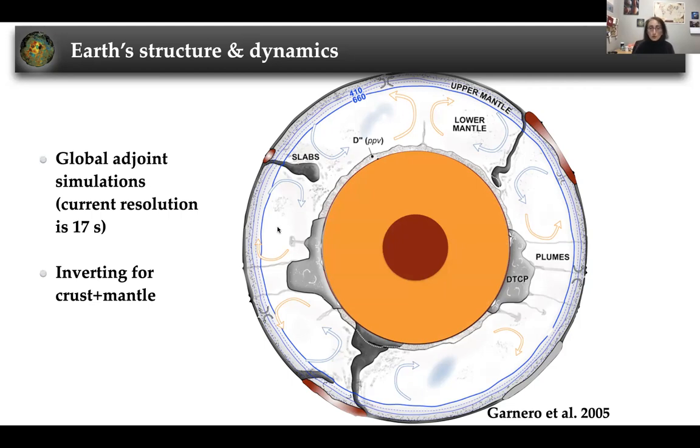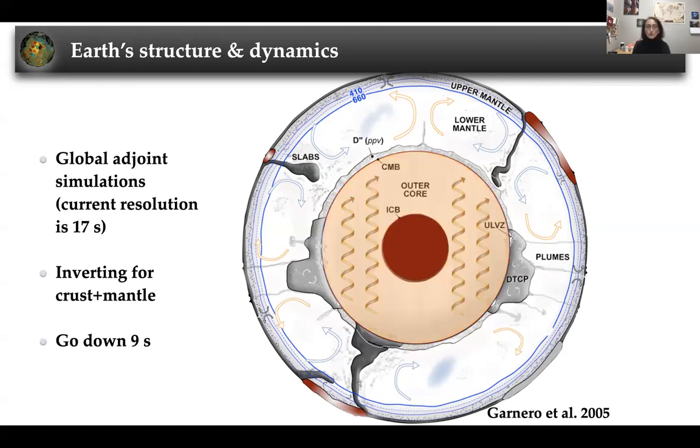So initially, because of the resolution of our global simulations, our goal has been to image from surface all the way down to the core mantle boundary. So we perform these 3D wave simulations and full waveform inversion, also including the core. I mean, in our numerical simulations, we have the core. However, we just keep it as a radially symmetric 1D core without updating. We only try to image the patterns in the mantle.